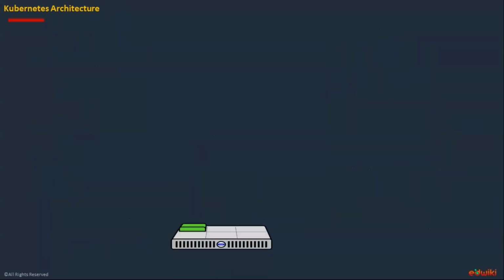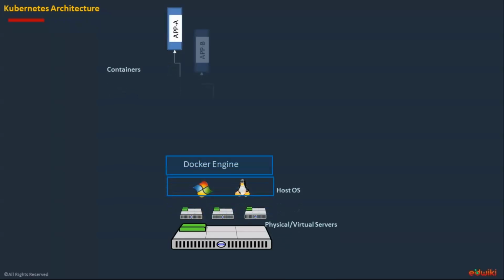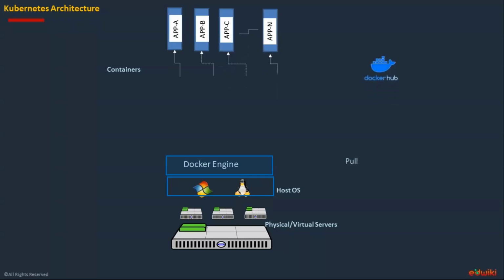Now let's see what Kubernetes is, and how Kubernetes is helping me. So far we know that you pull an image from Docker Hub, then you run a container by running Docker commands.